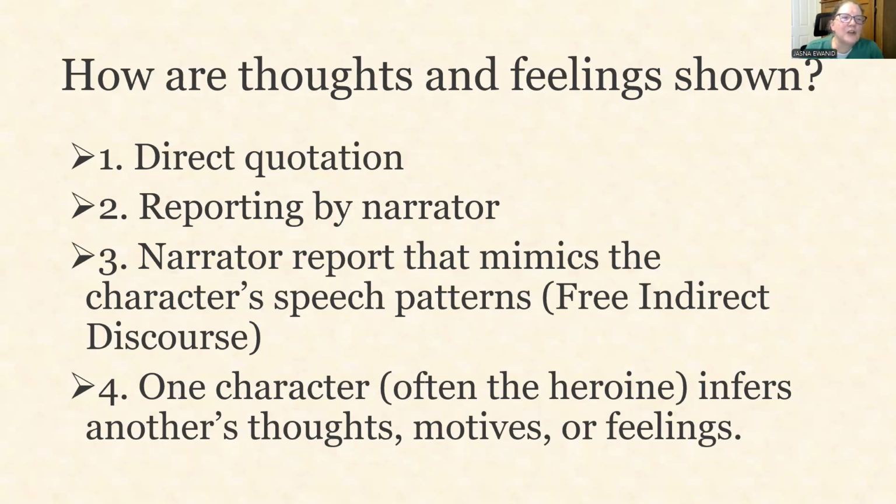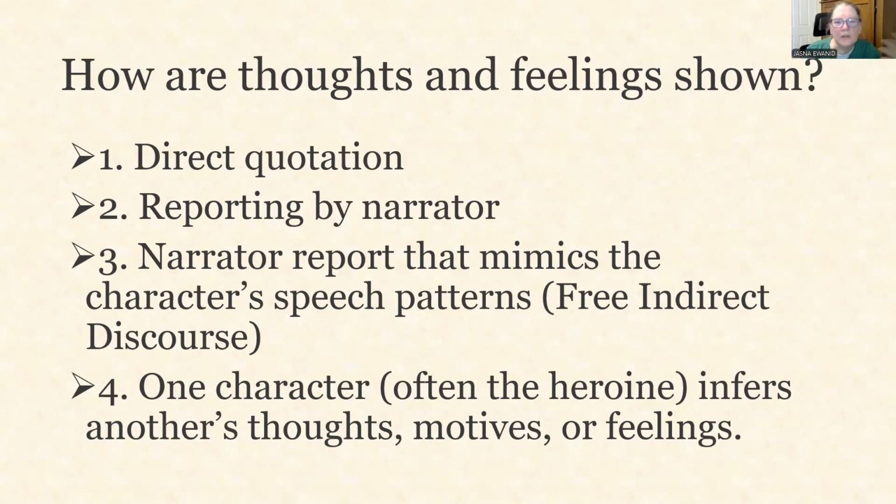So when we think about thoughts and feelings, there are different ways that Austen can show them. One is direct quotation. A second is where the narrator just gives you a report.